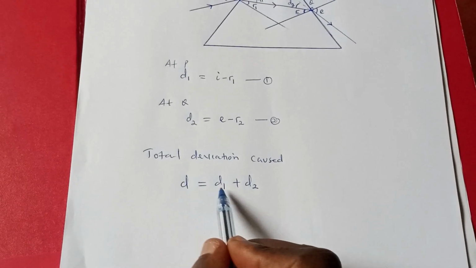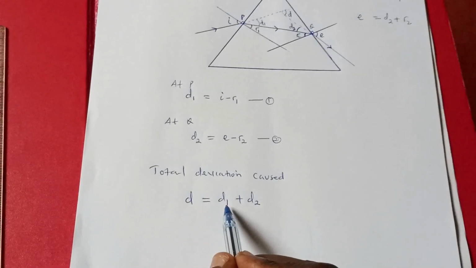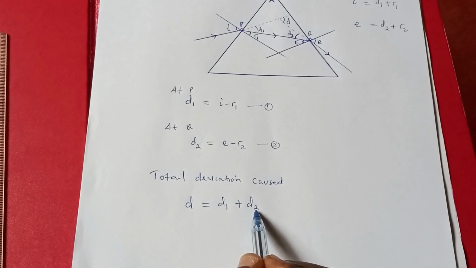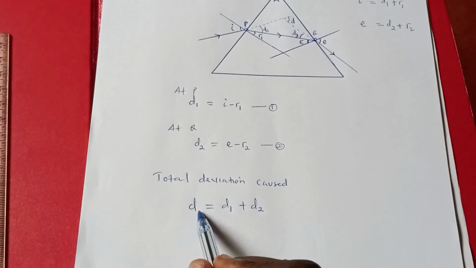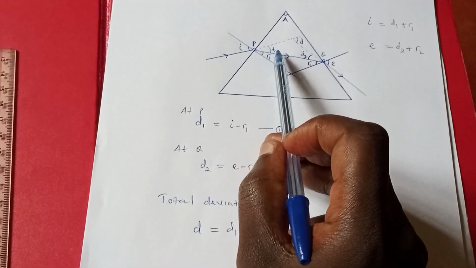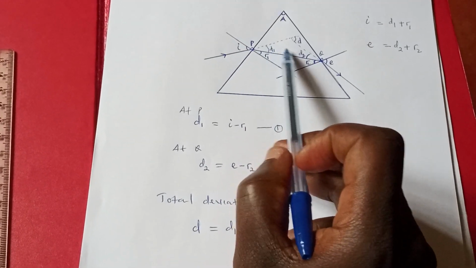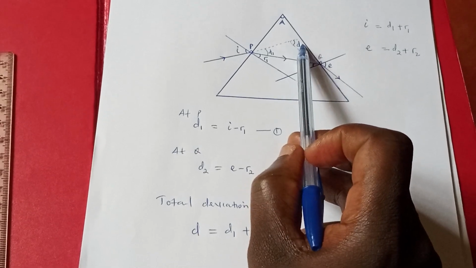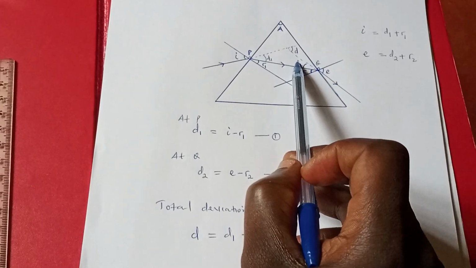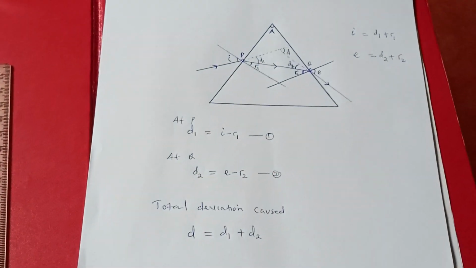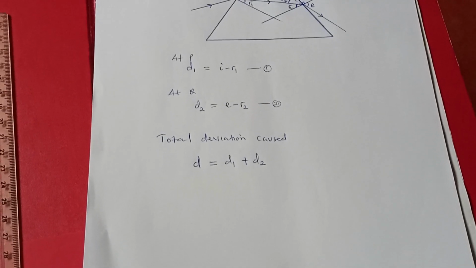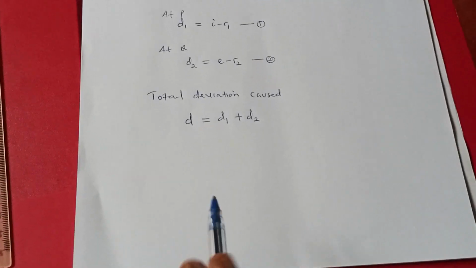Total deviation is equal to deviation at P plus the deviation at Q. Two interior angles add up to one exterior angle. From the diagram we can see that these two interior angles, D1 and D2, add up to one exterior, which is D. So we have D equal to D1 plus D2.